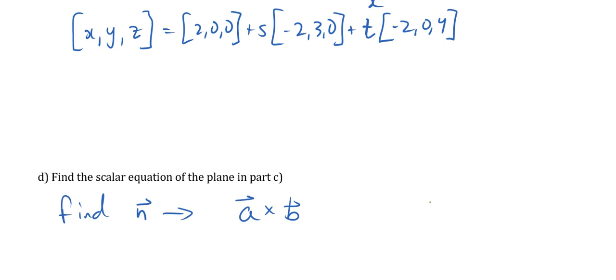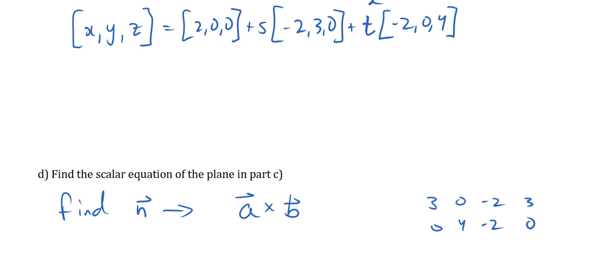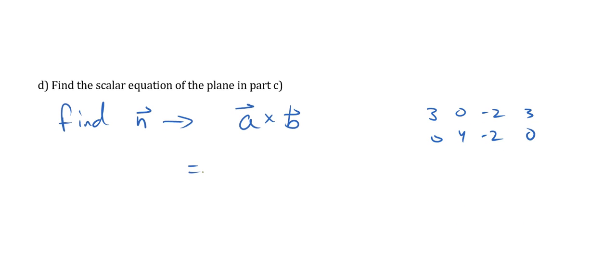So I'm going to go 3, 0, negative 2, 3, and 0, 4, negative 2, 0. Three times 4 is 12, 12 minus 0 is 12. 0 times negative 2 is 0 minus 4 times negative 2, so that's positive 8.